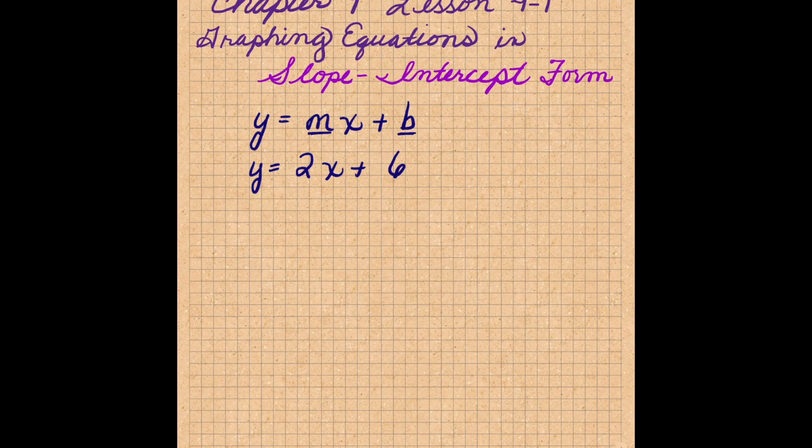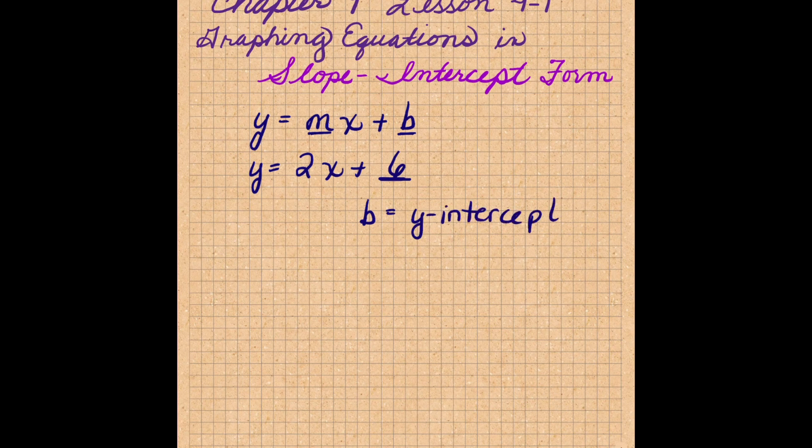This is probably the most useful form, and we get really fond of this because it tells us some very specific things. Right here, b is the same as the y-intercept.